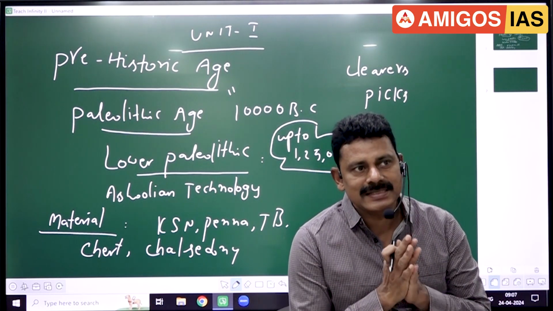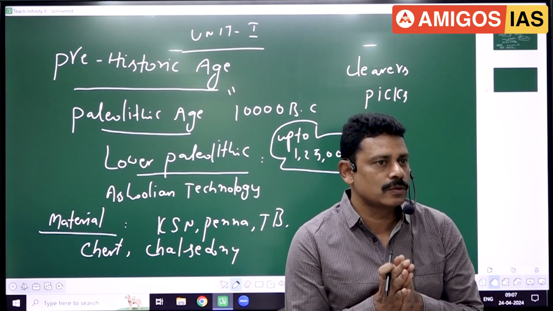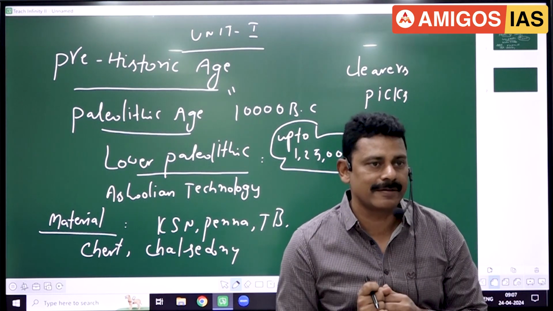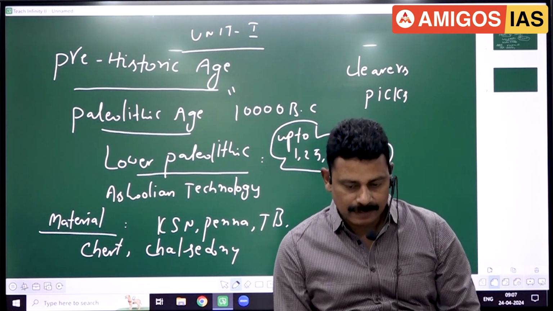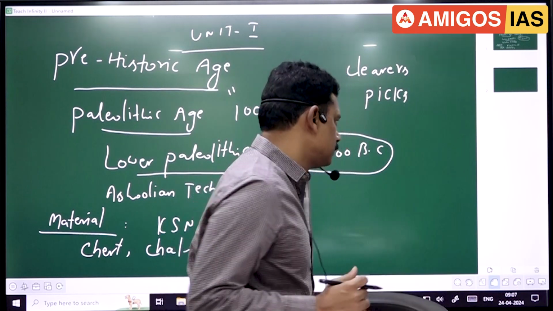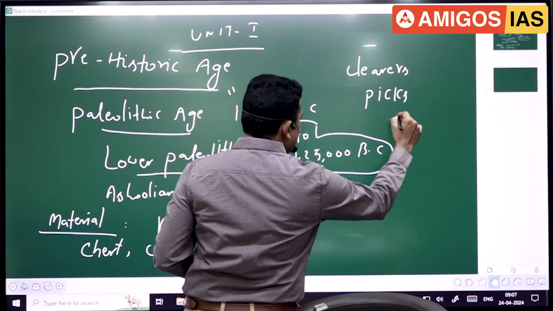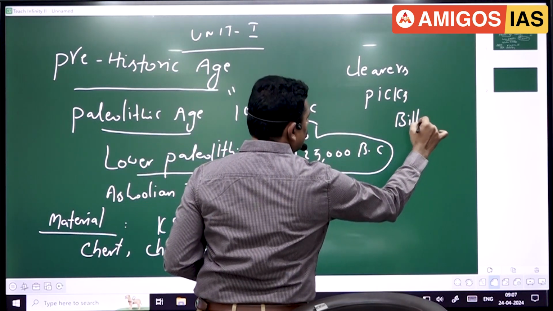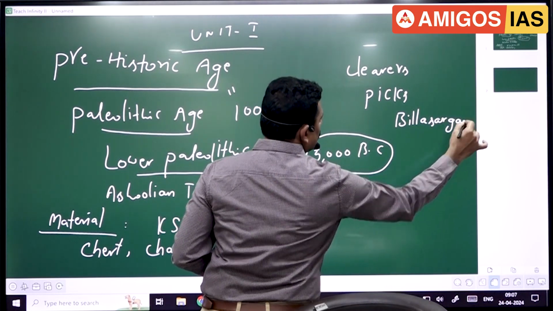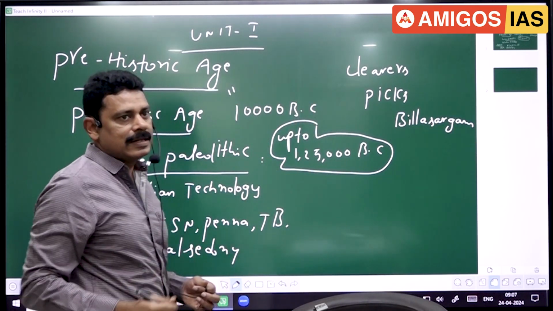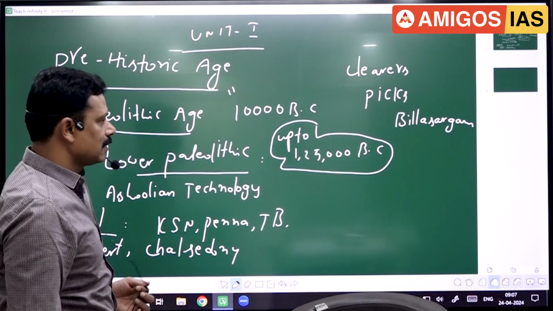So take down some of the sites in Kurnool district from where the tools of Paleolithic man have been recovered by the scholars in the excavations. There was a popular place by name Billa Surgam. It's a great center for the early man.